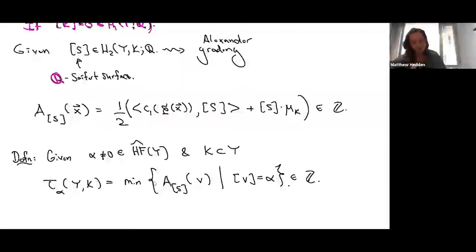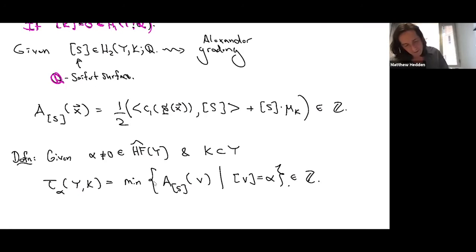And then the modification here is that the rational Seifert surface, its boundary is not equal to the knot because the knot has no Seifert surface, but its boundary will wrap some number of times around the knot, say given by the order of its homology class.